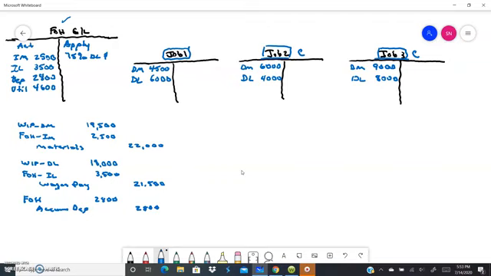In this case, it's an indirect cost. It's going to go into factory overhead. Same thing with utilities expense. It's not going to be an expense. It's going to be factory overhead and probably just accounts payable for the utilities expense. 4,600 debit, credit accounts payable 4,600. So again, actual amounts go into factory overhead, and we're going to apply factory overhead to the jobs based upon the predetermined rate.